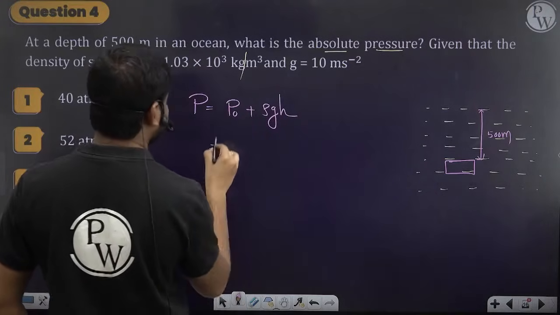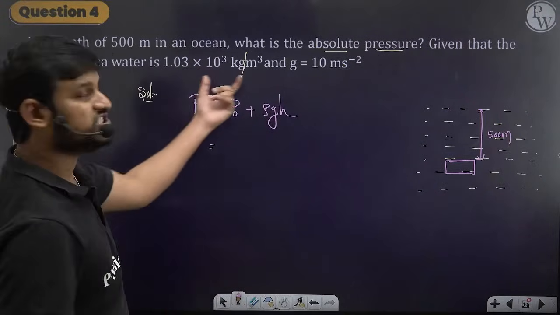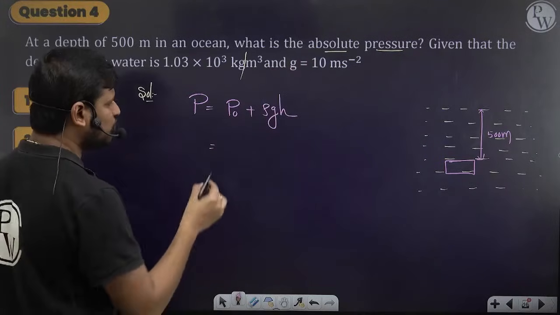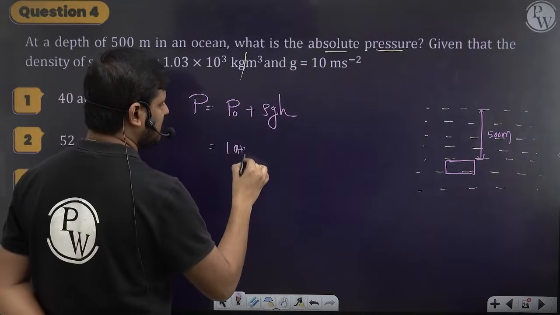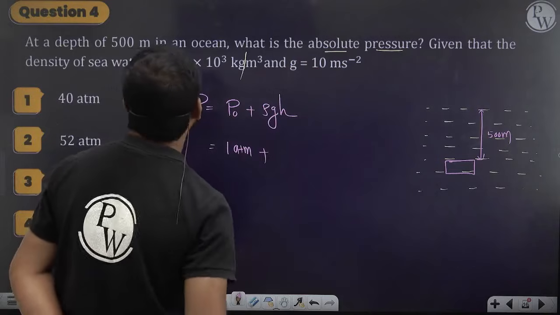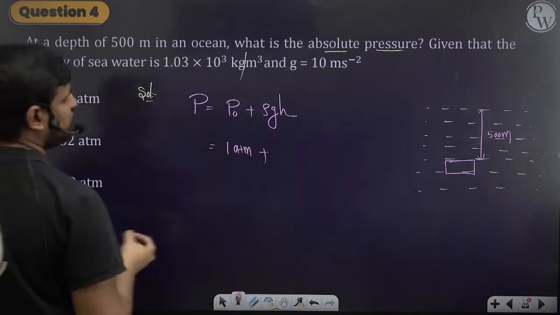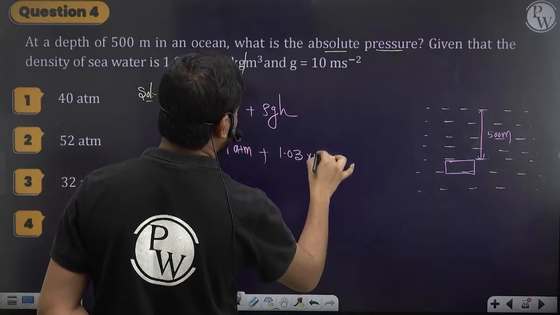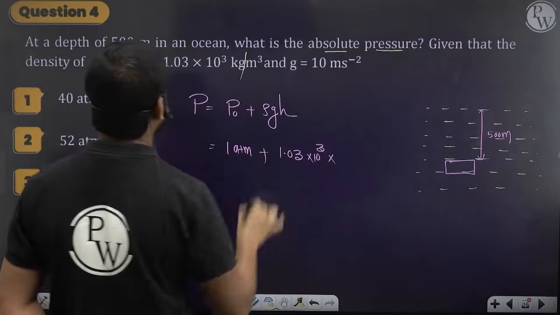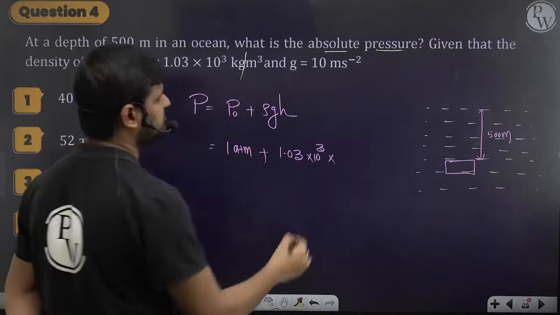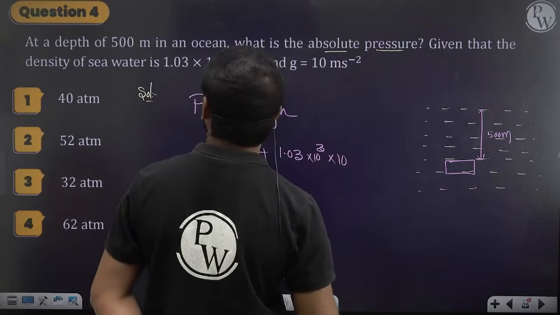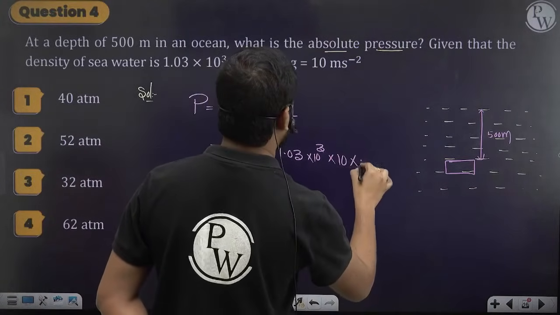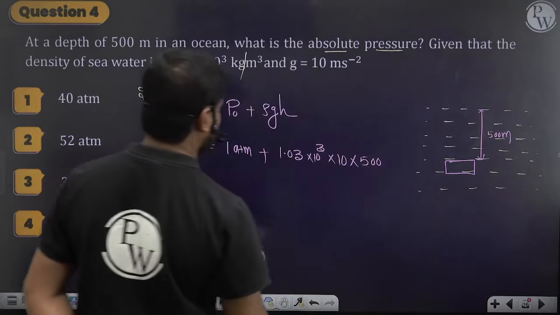What atmospheric pressure do we consider? They did not mention it in the question, so we take it as 1 atm, plus rho, the density of sea water, 1.03 into 10 to the power 3, into G, which is 10 meter per second square, into the height, which is 500. Let's write this part again.